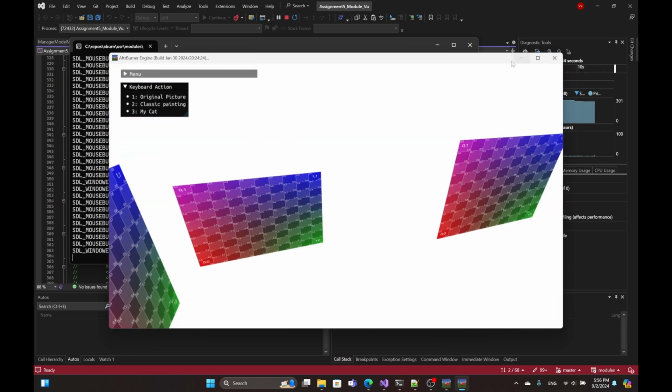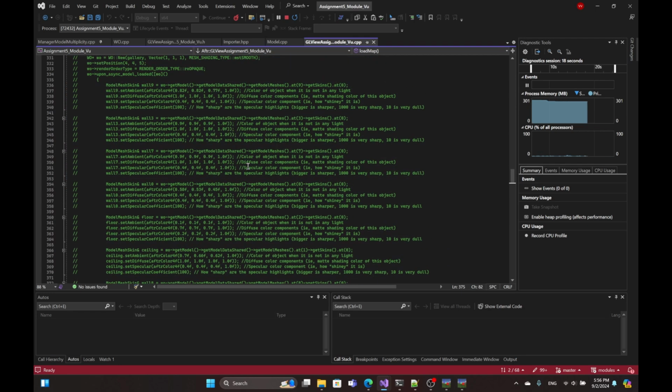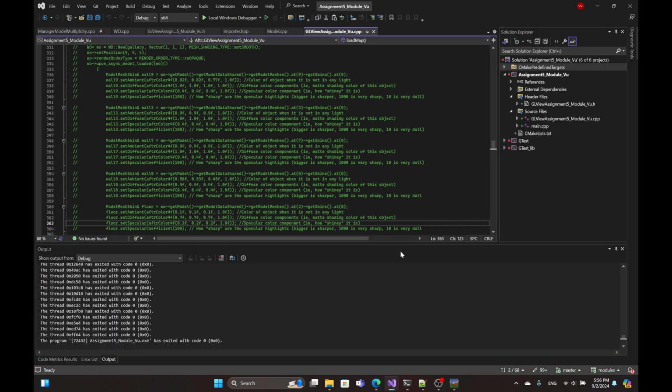If you don't have all of these parts, it would lose the texture of a 3D model in the game engine.